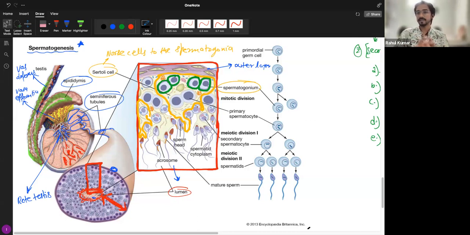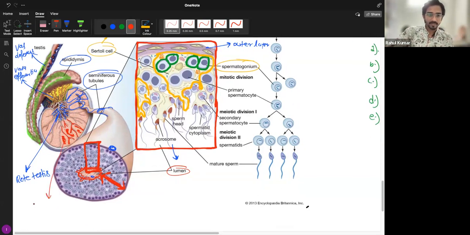Inter means between, interstitial. So between two seminiferous tubules, there is interstitial tissue. And in that interstitial tissue, a very important cell is present, which is called Leydig cells. So write down.